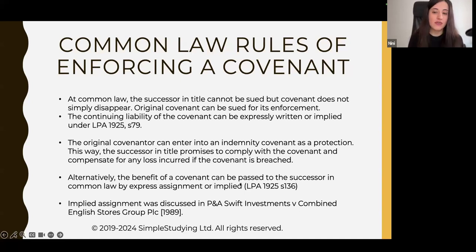Alternatively, the benefit of a covenant can be passed to the successor in common law by express assignment or implied. So it can be express assignment, implied, or indemnity covenant. Those are the ways to protect the original covenantor in this kind of circumstance.